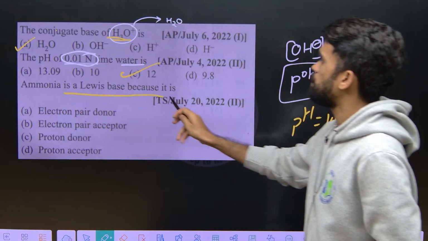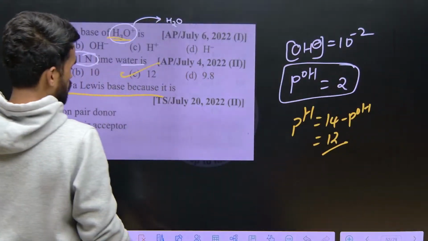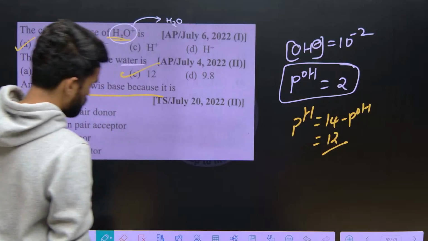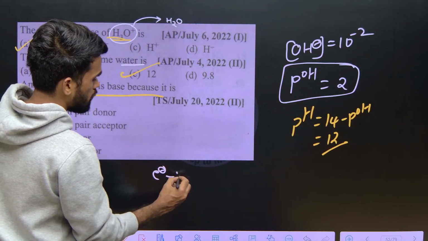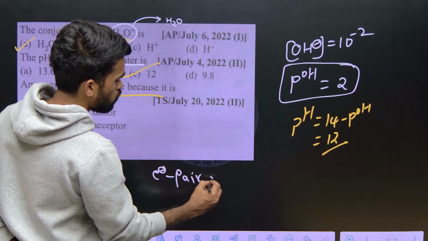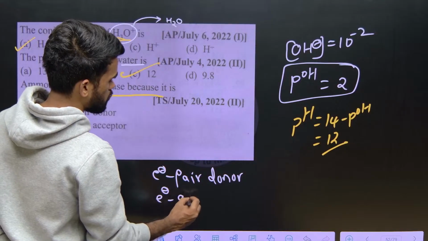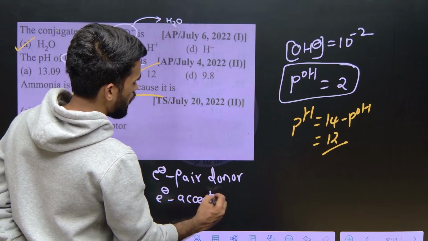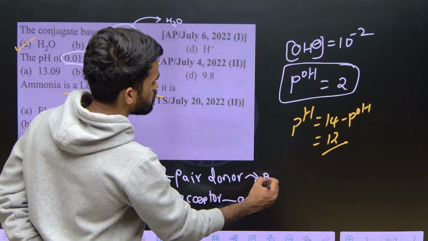Ammonia is a Lewis base because it is... So how will ammonia be a Lewis base? See, what is this Lewis acid base concept? Lewis acid base theory says electron pair donor and electron pair acceptor. An electron pair acceptor is an acid and an electron pair donor is a base.